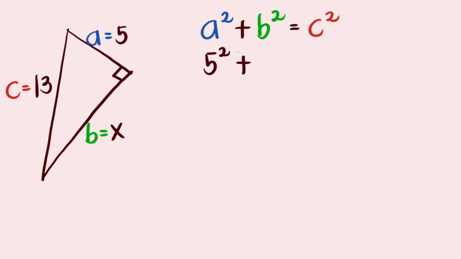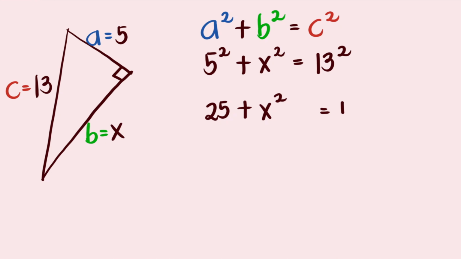Plus the length of b is represented by variable x, so we have x squared, equals the length of c is 13, so we have 13 squared. Now 5 squared is 25, plus x squared is equal to 13 squared, which is 169.